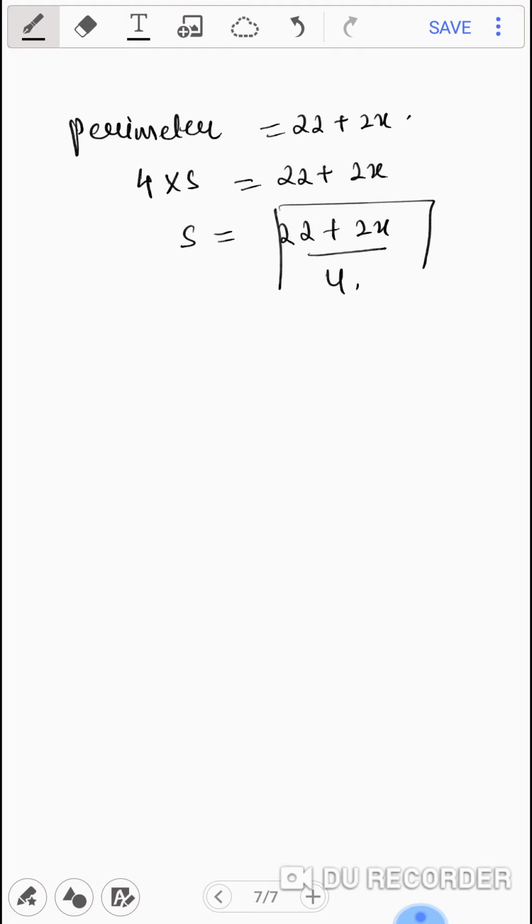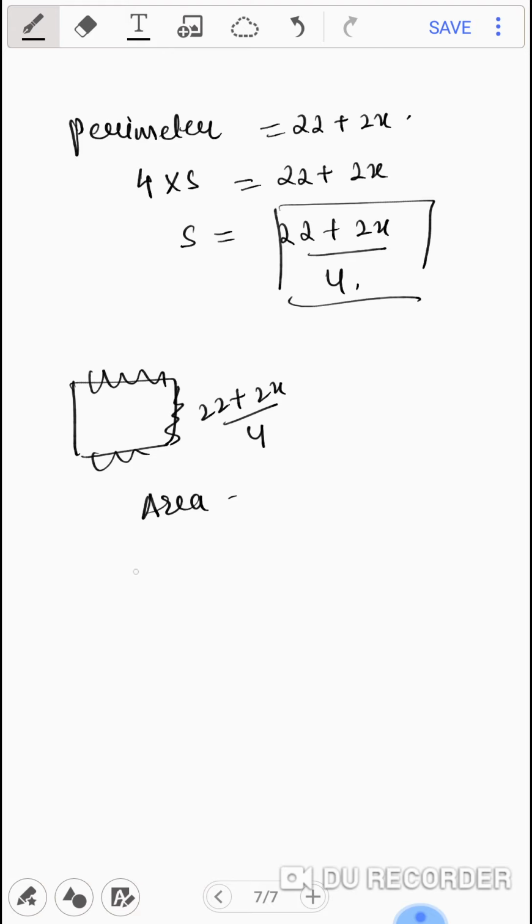So I got the side of square as 22 plus 2x upon 4. And what will be the area? Area is 22 plus 2x upon 4 whole square. If each side is this, the area will be its square.